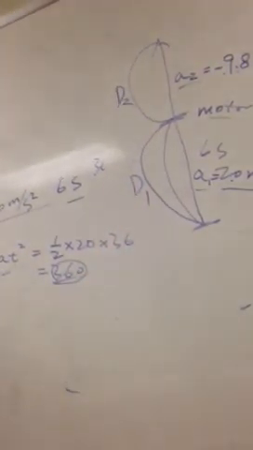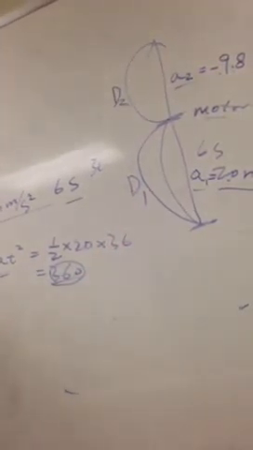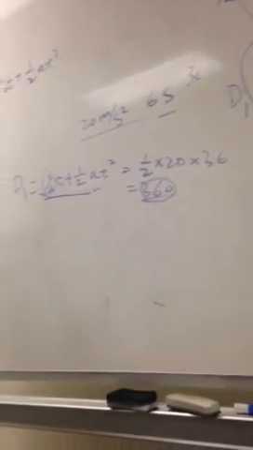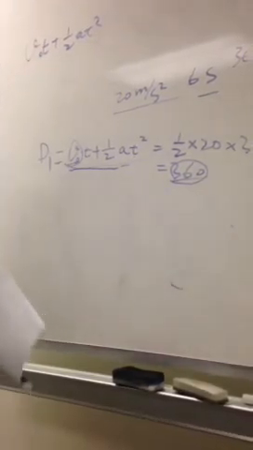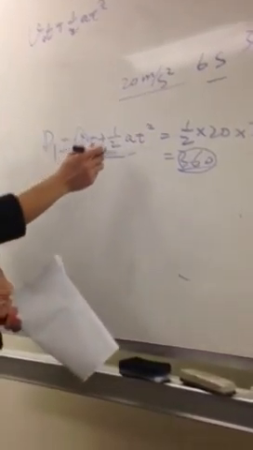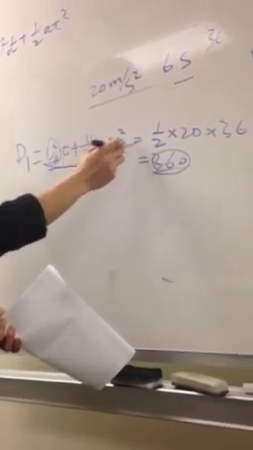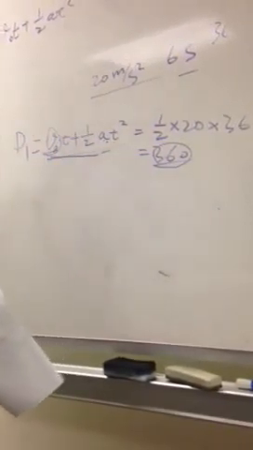And for distance 1, you know the initial velocity was 0, because the rocket starts from 0. And then with acceleration and everything, you calculate 360.